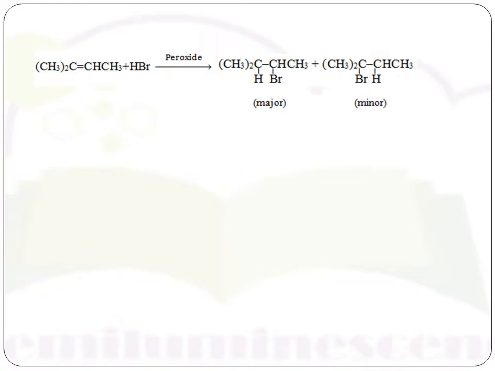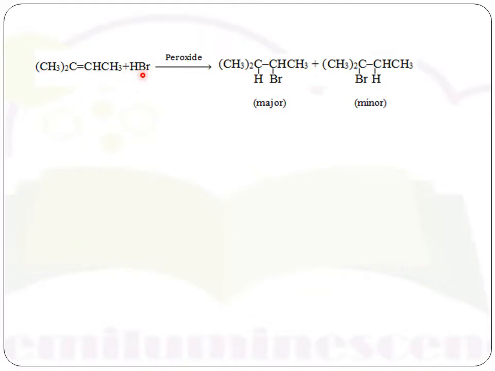Let's see one more example related to the anti-Markovnikov rule, because peroxide is present over here. This is an unsymmetrical alkene. If you observe this carbon, it has a methyl group, but there is no hydrogen. If you observe this carbon, it has one hydrogen atom and one methyl group. If there is a presence of peroxide, the addition takes place by the anti-Markovnikov rule.